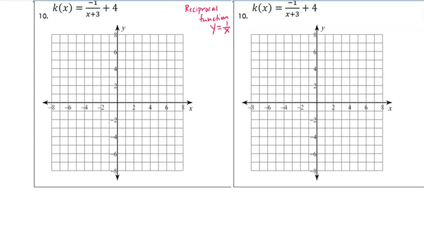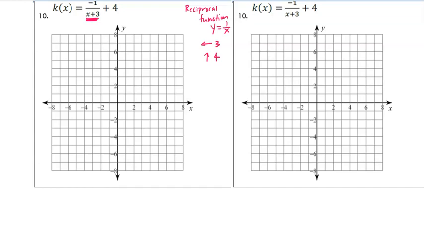So we know that the x plus 3 tells us that it moves to the left 3, and it moves up 4.